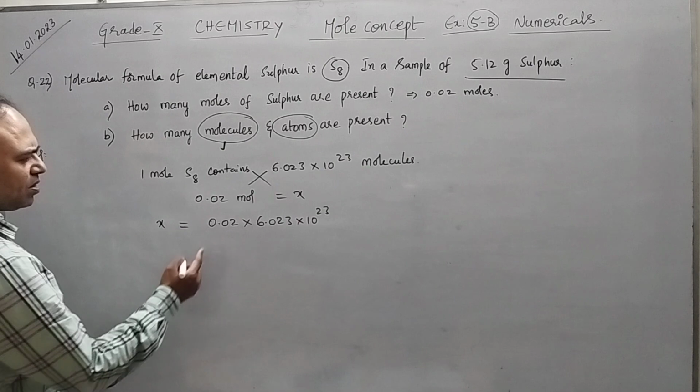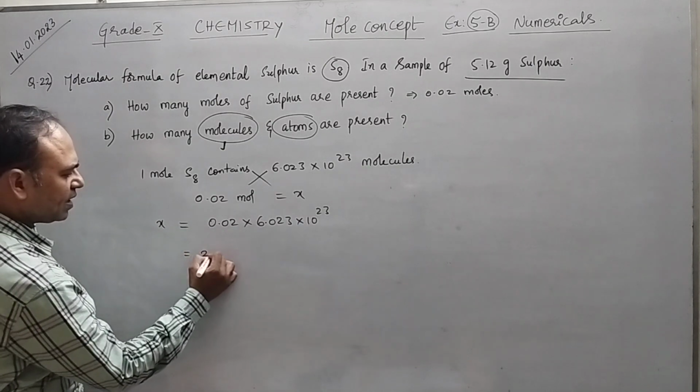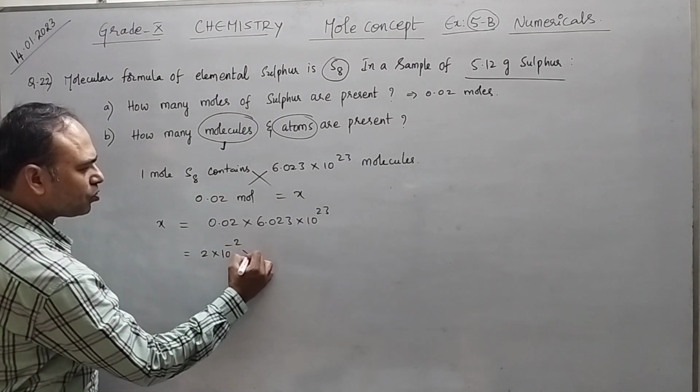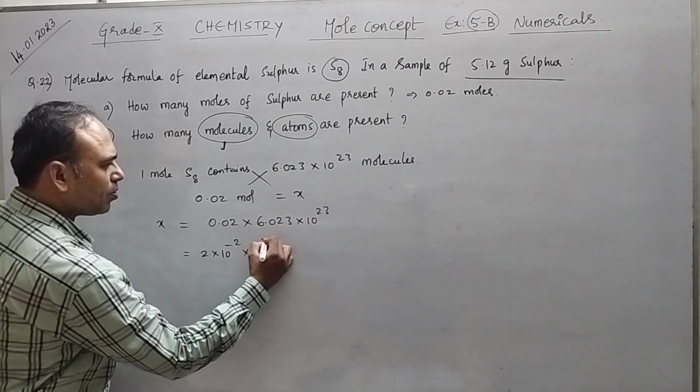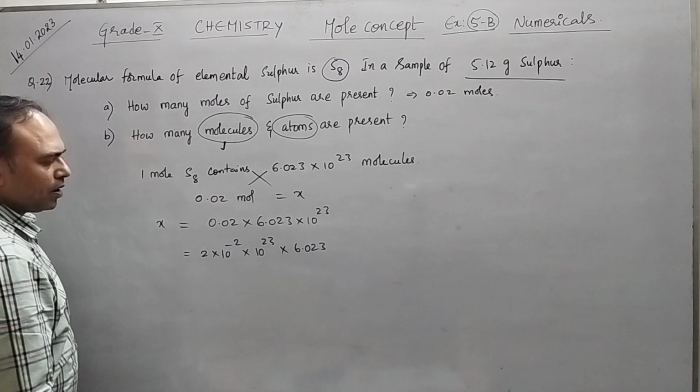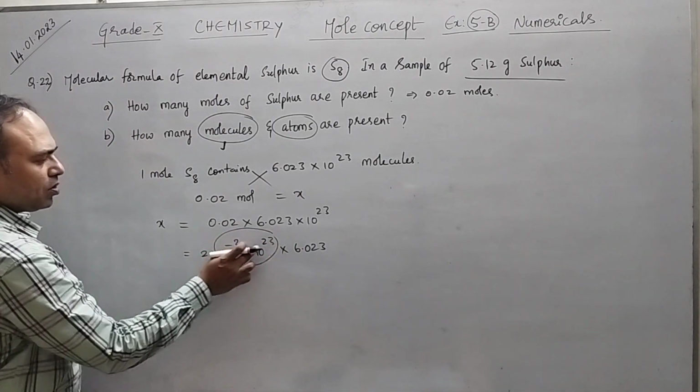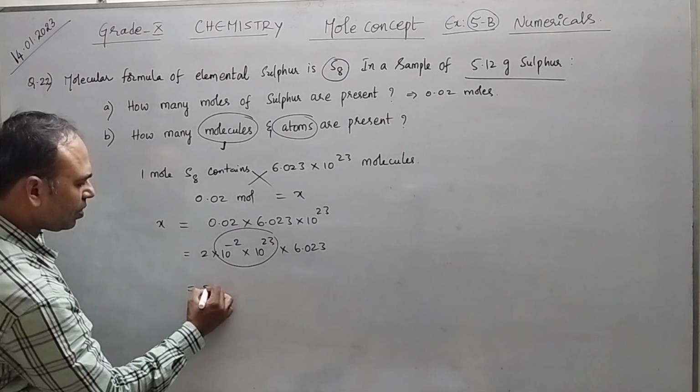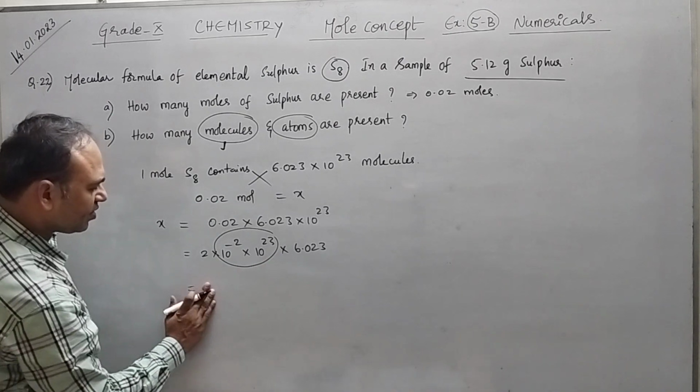Now one more important thing, 0.02 can be written like this, 2 into 10 to the power of minus 2, into 10 to the power of 23 into 6.023. So this 23 minus 2, so 2 into this we can take as such.